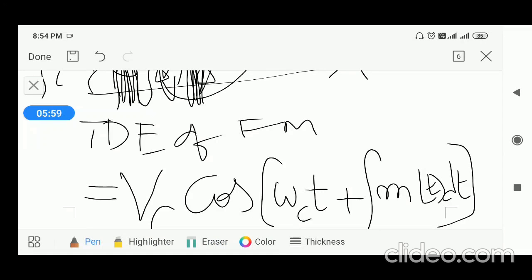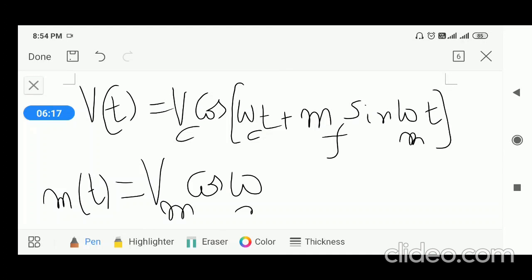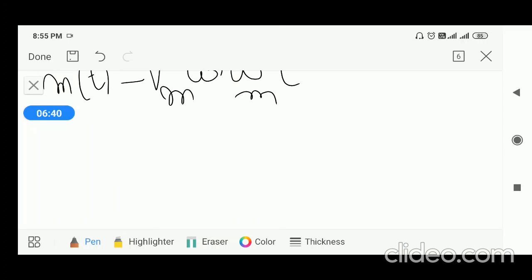Modulating signal. The equation or the expression for modulating signal is, I'll write modulating signal expression so that here m of t is nothing but modulating signal, whose expression is Vm cos omega mt. When you integrate Vm cos omega mt, you will get Vm by omega m sine, that Vm by omega m, finally that will be simplified as mf, where mf is the modulation index of FM signal.